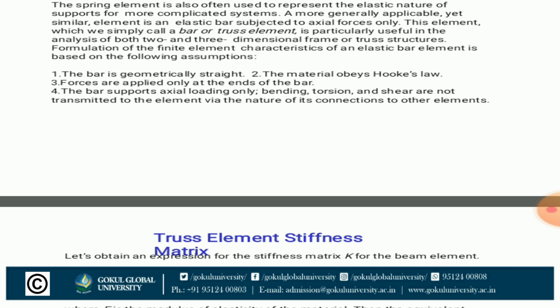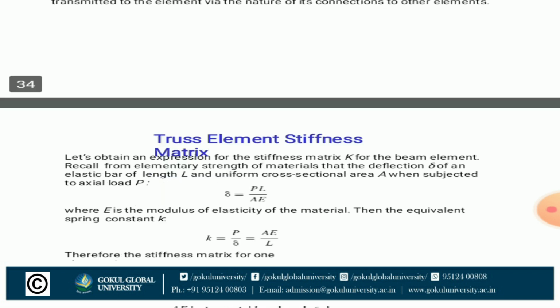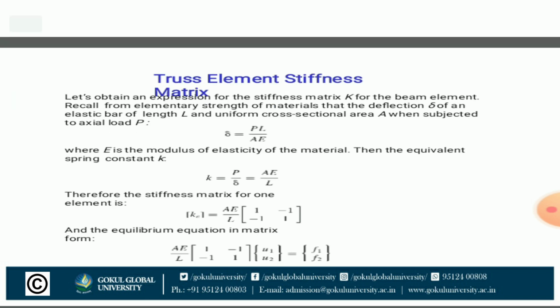So the truss element matrix, it means the deflection, as we studied in mechanics of solids, deflection is equal to PL over AE as per our basic equation. So stiffness is equal to P by deflection, or AE over L. Therefore the stiffness matrix for one element is K equal to AE over L into the matrix [1 -1; -1 1], as we have studied.